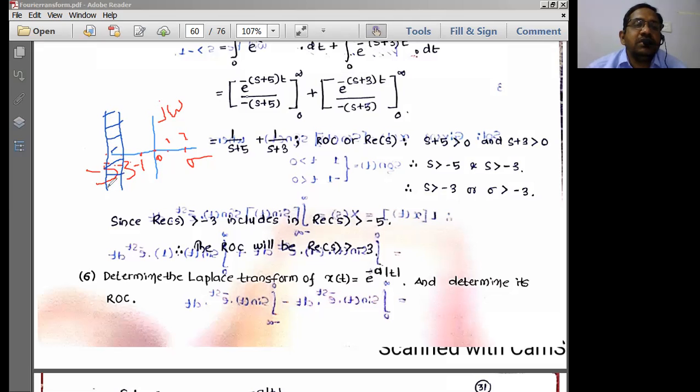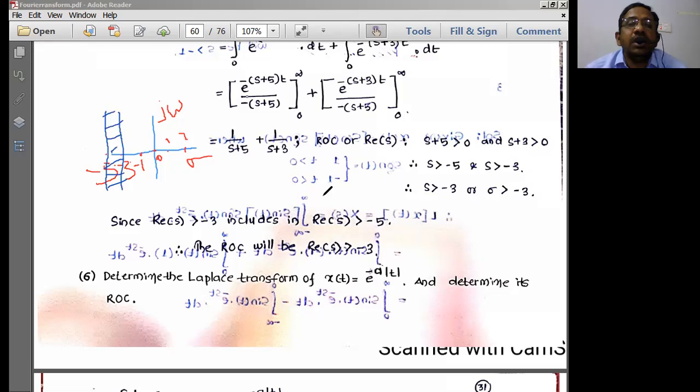So that means the solution of this particular system is going to lie only in these particular limits. In all the rest of the locations, the solution does not exist. This is the advantage that we get when we compare this with the Fourier transforms.